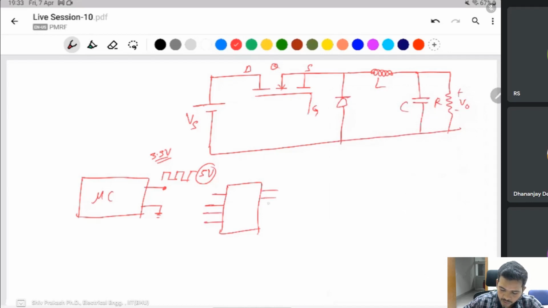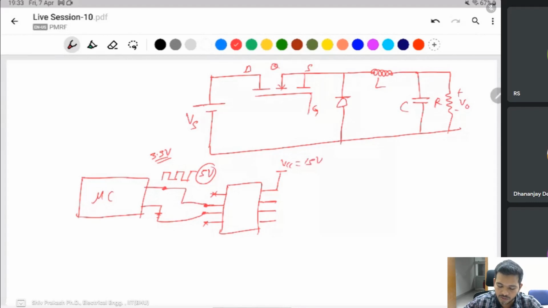If you have an 8-pin gate driver circuit, one pin is not connected, one is connected to the positive, and another is connected to the ground. This pin is connected to the VCC of 15 volt.